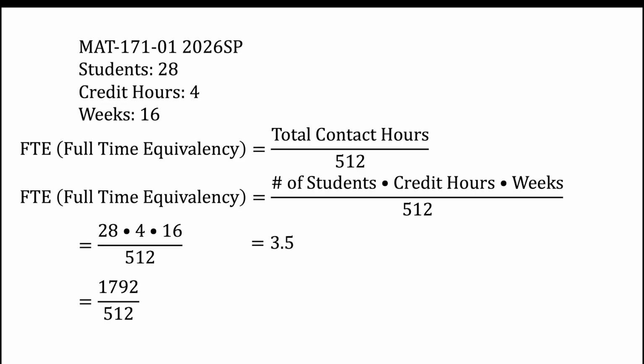When you multiply this out, you get 1,792 divided by 512. This means that this class's total contact hours is 1,792. When you divide this, you get 3.5, which means that this class's full-time equivalency is 3.5.